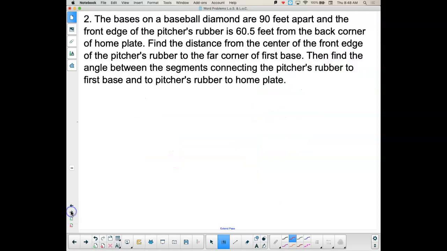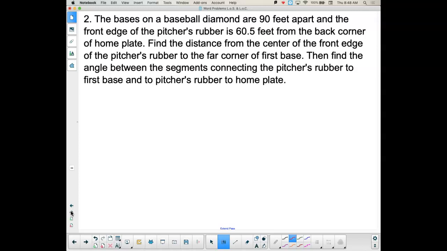Pitchers and catchers reported a couple weeks ago. Spring training is in full effect now, so let's talk baseball. The bases on a baseball diamond are 90 feet apart, and the front edge of the pitcher's rubber is 60.5 feet from the back corner of home plate.